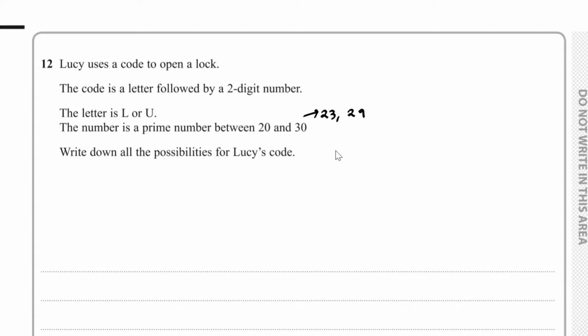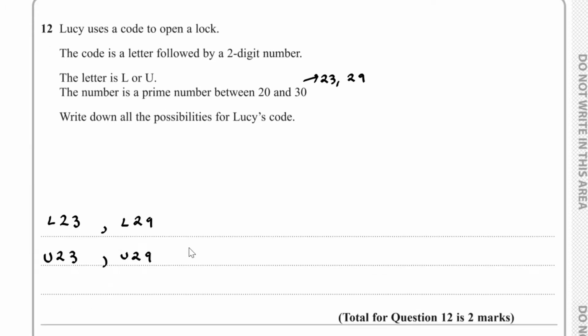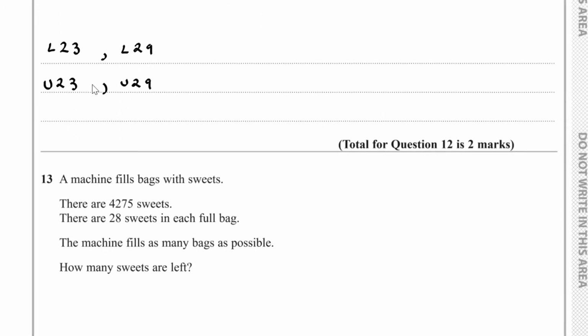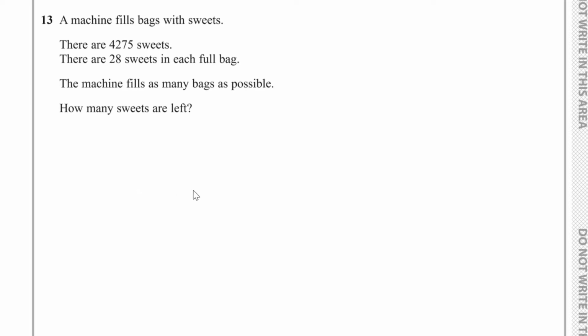And over here, the letter can be an L or U, so we can have L23, or we can have L29, or we can have U23 or U29. So this over here is our possible combinations for the code.